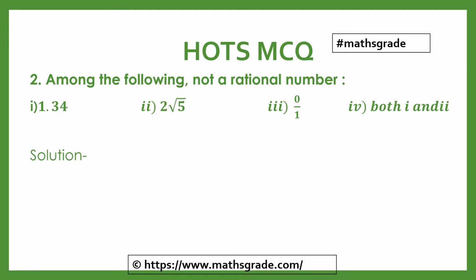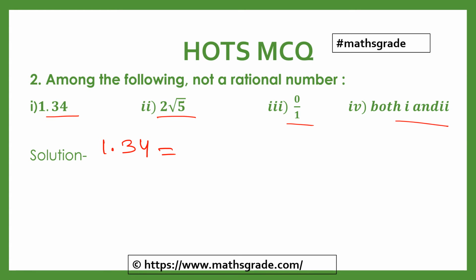Now we solve question number 2. Among the following, which is not a rational number? The options are 1.34, second option is 2 root 5, third option is 0 divided by 1 and fourth option is both 1 and 2. First option is 1.34.